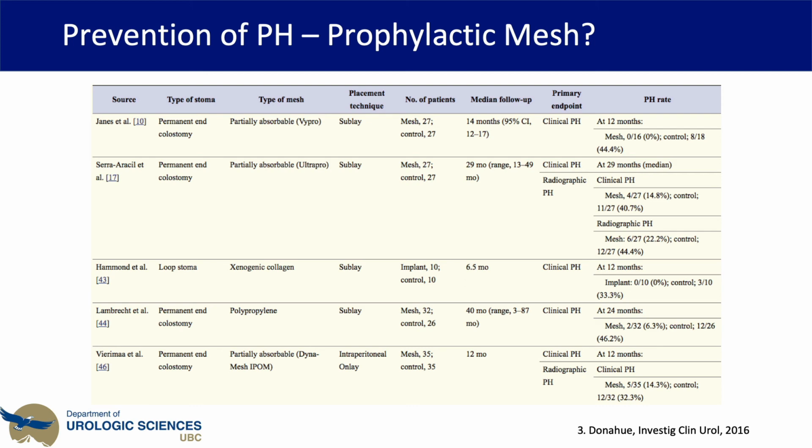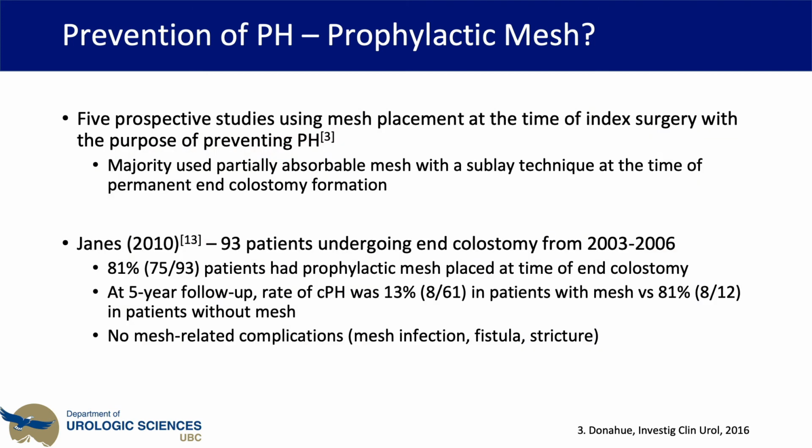We'll look at the one study from Janes in 2010, which is probably the most mature series out of those 5. It had 93 patients undergoing end colostomy. 81% of these patients had prophylactic mesh placed at time of surgery. Of the patients who didn't, 9 didn't because of previous surgeries and scarring, and the surgeons were unable to.